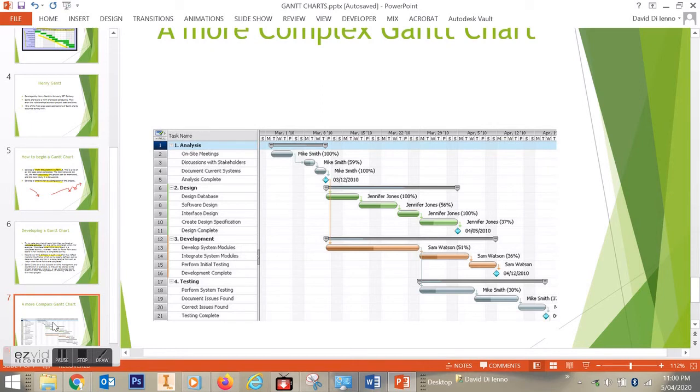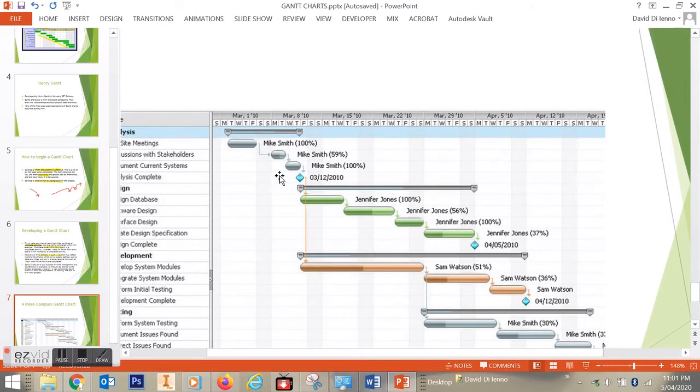Now, the more detail that you can place inside a Gantt chart, this one here that we're looking at now is a more complex Gantt chart, the more detail you can place in your tasks, the more you can assign tasks to various people if you're working with more than one person. If you can measure the person's progress during the project, you have a much better way of controlling what's going on and foreseeing problems. If someone's falling behind, you'll notice it because you'll see their progress rate has dropped down.